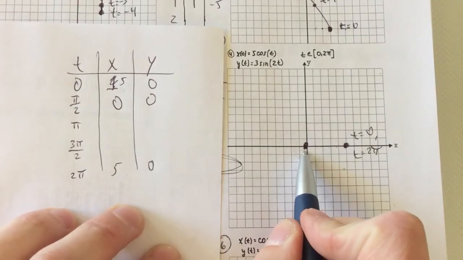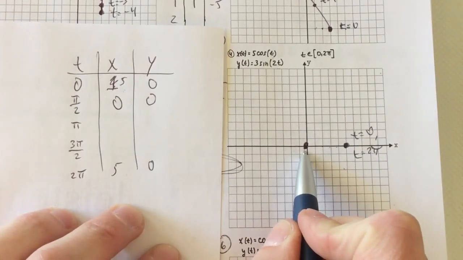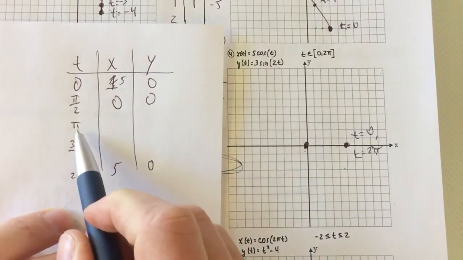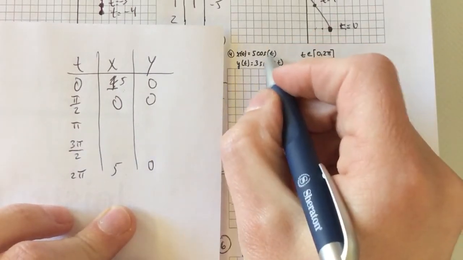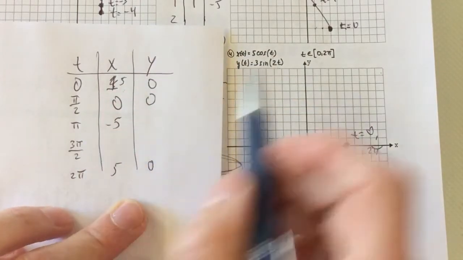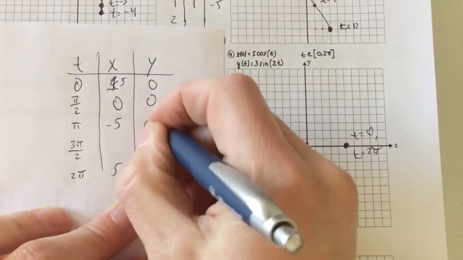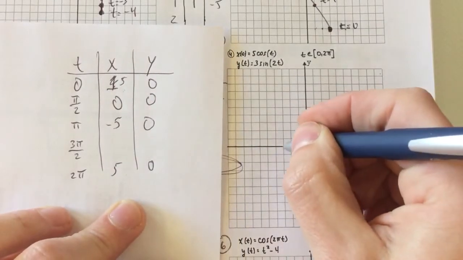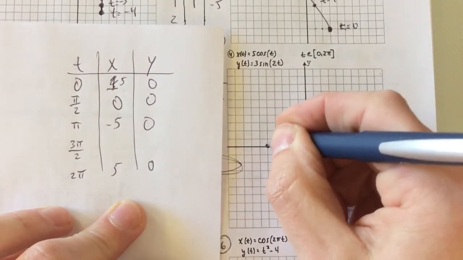Is it a square? Is it a triangle? Pi. Negative 1. That's going to be negative 5. Sine of 2 pi is still 0. 1, 2, 3, 4, 5. We're at negative 5.